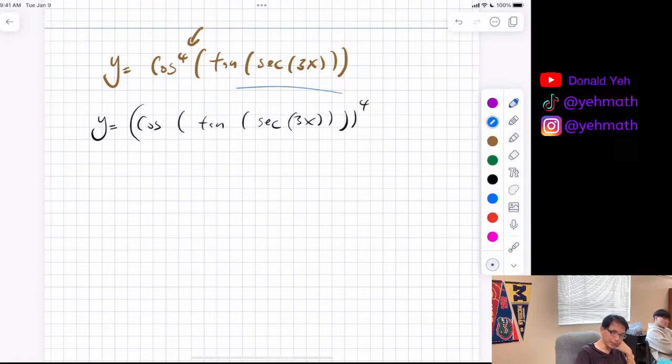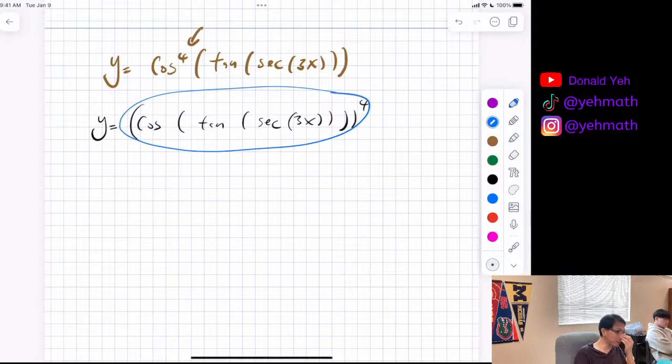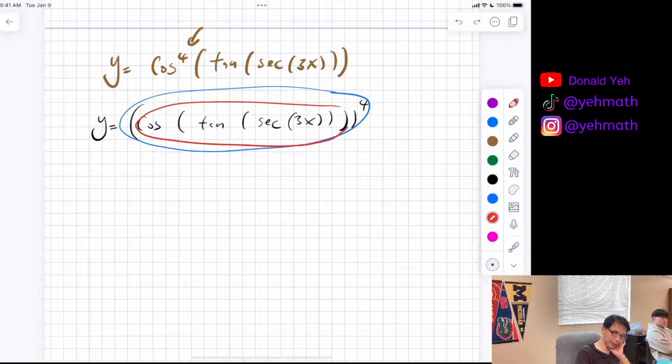Now I'm going to do the first layer. The first layer is understanding that there is a composite function. In terms of f of g of x, this is f of g of h of k of x. So something within something of something of something, right? The first layer is something to the 4th power. The second layer is the cosine, in red.